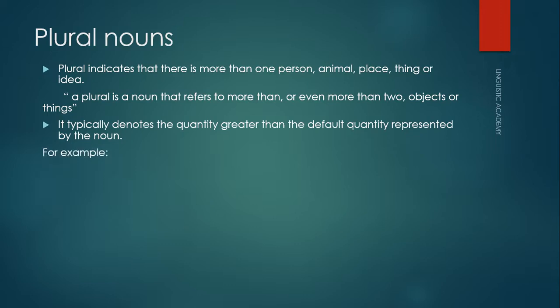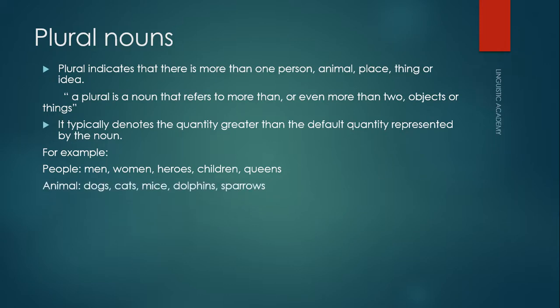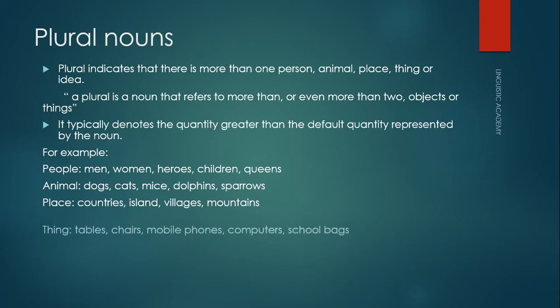For example, people like men, women, heroes, children, queens. Animals like dogs, cats, mice, dolphins, sparrows. Place like countries, islands, villages, mountains.